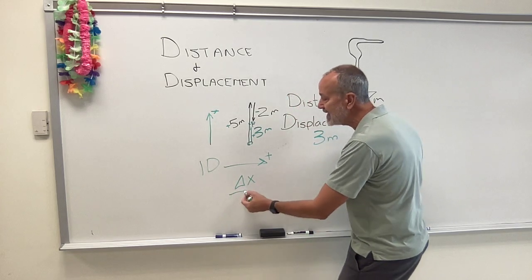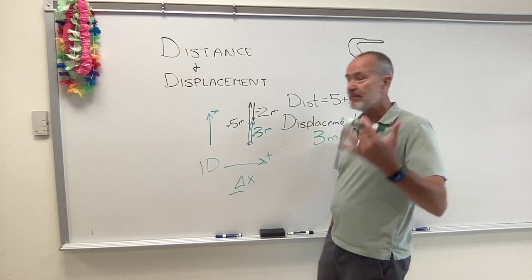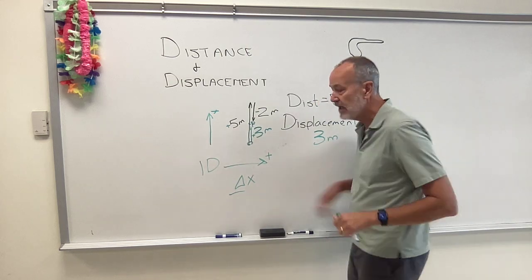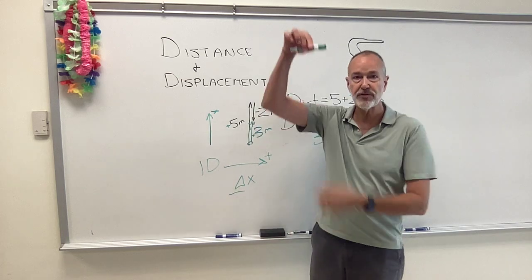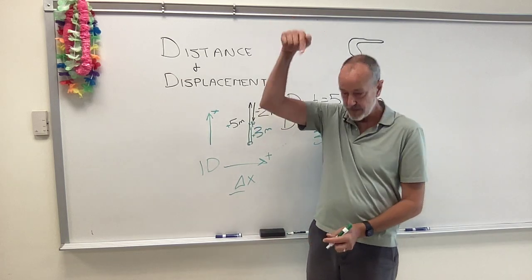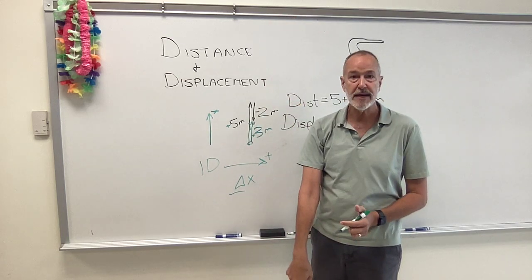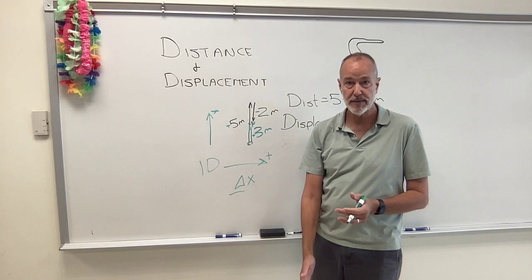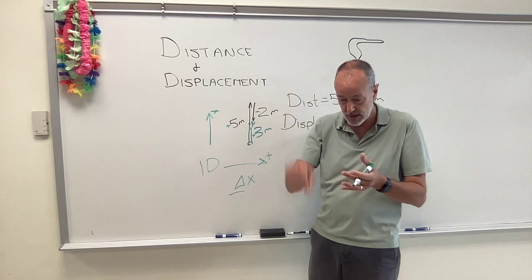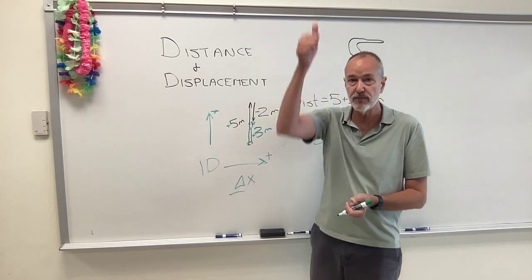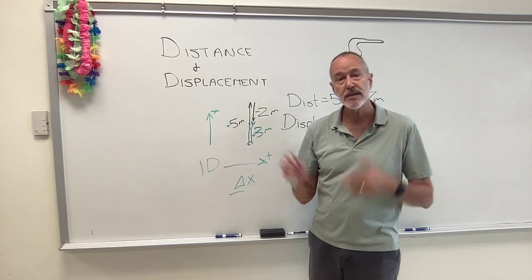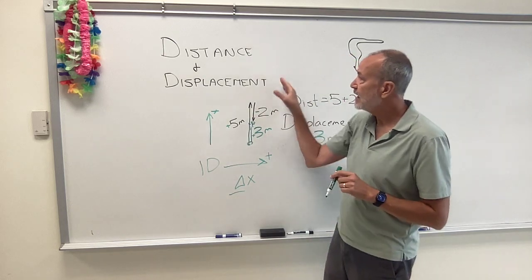That delta means change in x, change in my horizontal position. If we talk about a vertical position, I dropped the pen, then I might want to declare down as positive, and then I would say this is delta y, what my displacement is. A positive delta y would mean it went down, negative delta y, the way I defined it, would mean it went up.